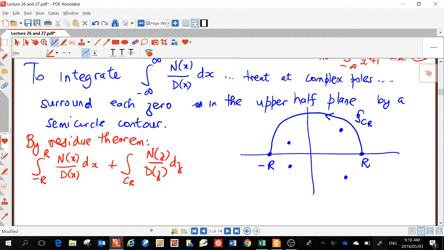And this, according to the residue theorem, is 2 pi i times the sum of the residues of f of z at z equals zk, from k equals 1 up to n.